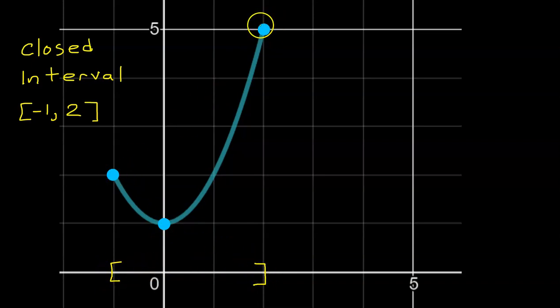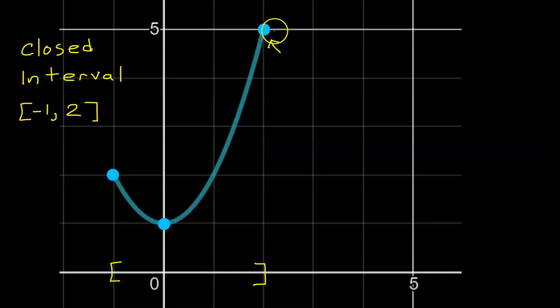So when you have a closed interval, the extrema may not simply be at the bottom of a valley or at the top of a hill. Now the endpoints themselves may be the maximum or the minimum, so you have to take that into account. So for this problem, the maximum is going to be right here.